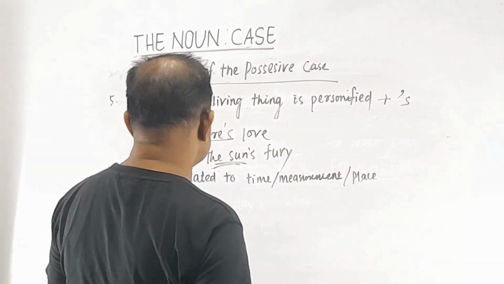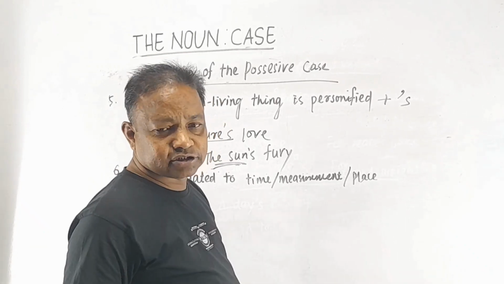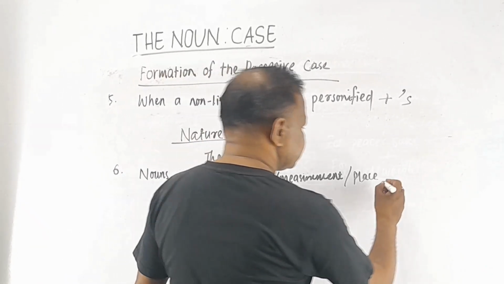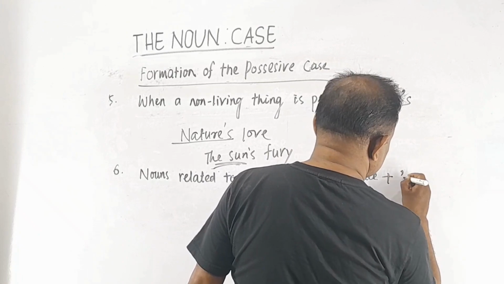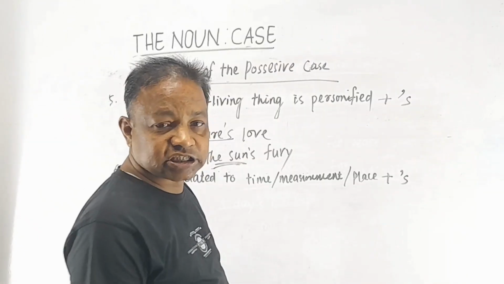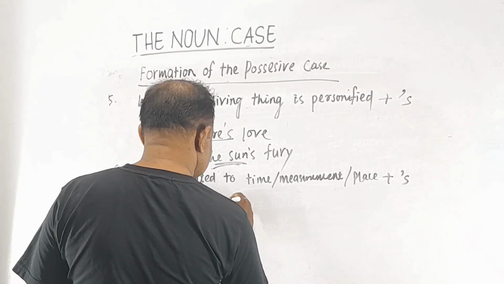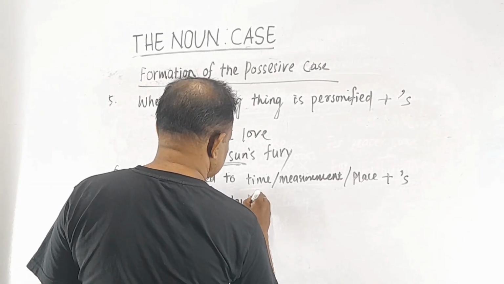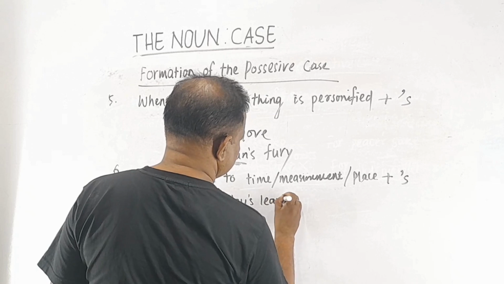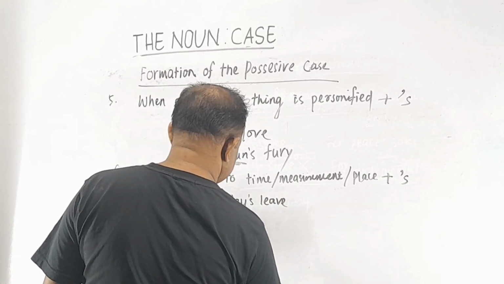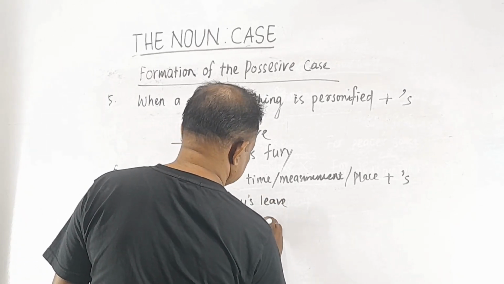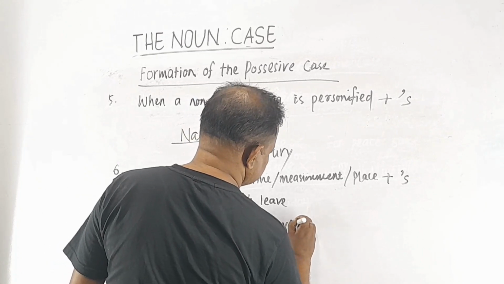If any noun is related to time or measurement or place, in that case, you need to add apostrophe s in the possessive case. For example, we may write a day's leave. Okay. We may write a ton's weight.